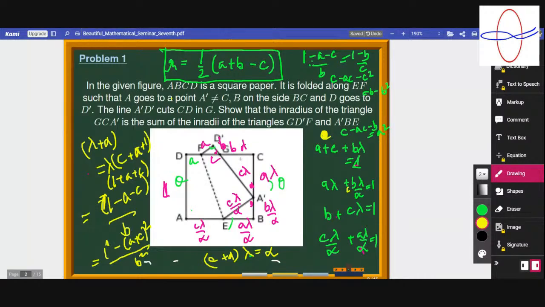Are my calculations correct over here? 1 minus b by b, it's alpha.